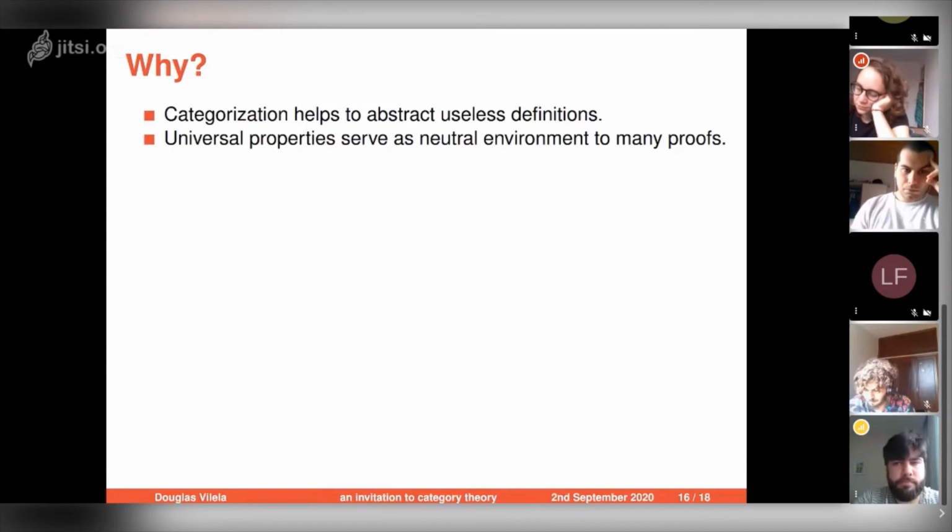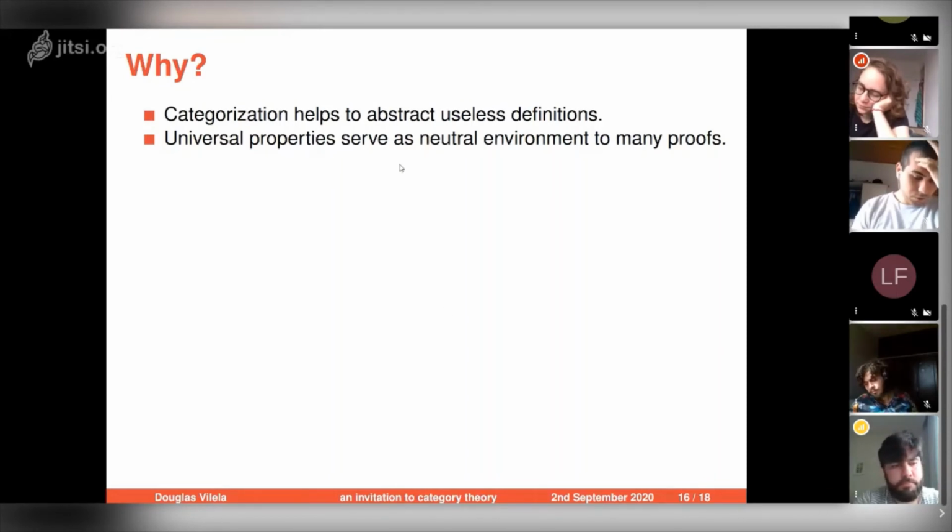So what I mean with that is that if we want to prove a result for disjoint union, we could use this universal property that we saw. But that universal property does not really need to deal with sets. We could use that for topological spaces, we could use that for groups, for vector spaces, or even natural numbers itself.